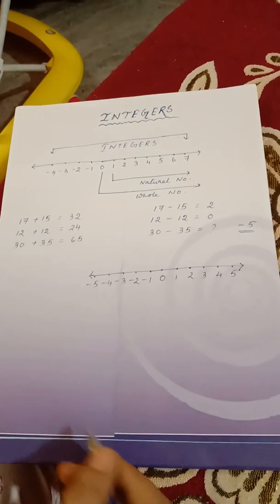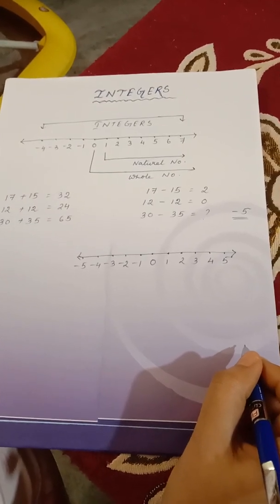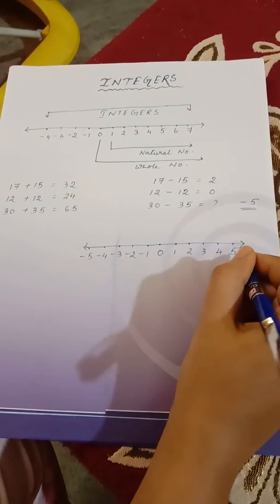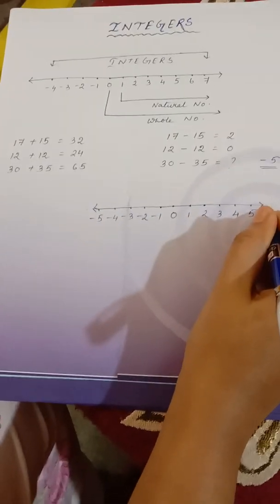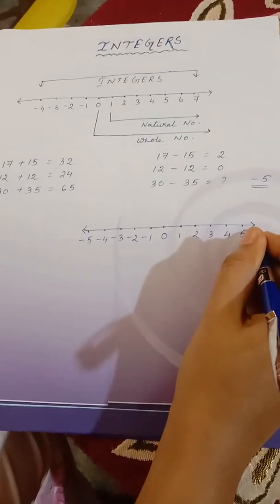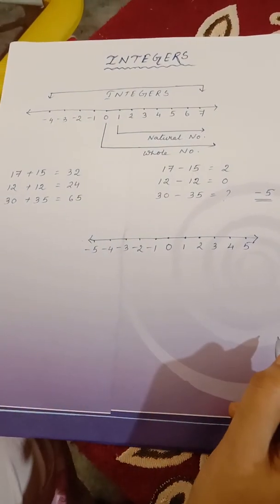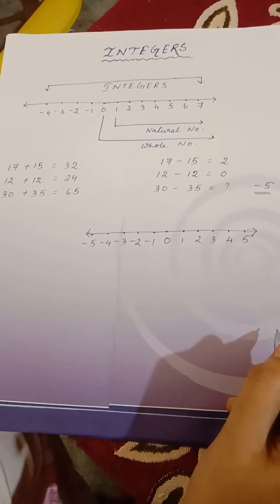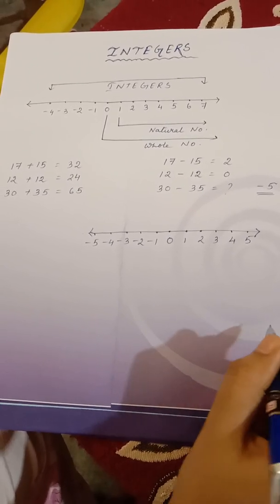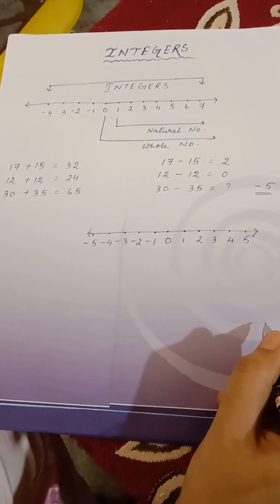From the number line, we can say that if you move to the right side, you will get the greater numbers, and if you move to the left, you will get the smaller numbers. An integer is greater than all those integers that lie to its left on the number line.